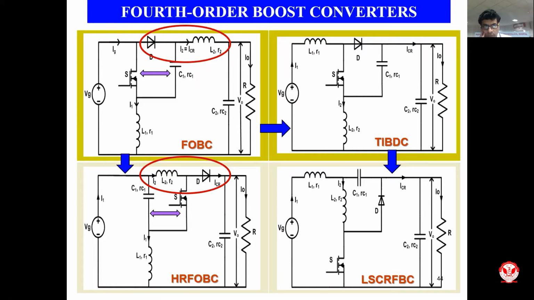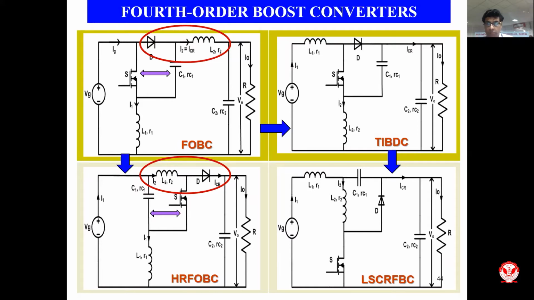Although we can randomly place all these switches, inductors and capacitors, you need to do sufficient analysis to establish that it is a working converter. Even if you are able to frame a working converter, it may not necessarily give you improved performance. That also needs to be checked.